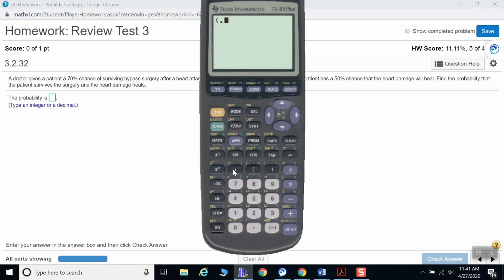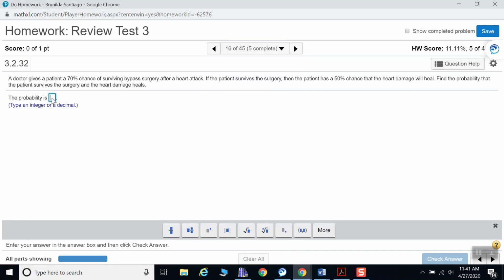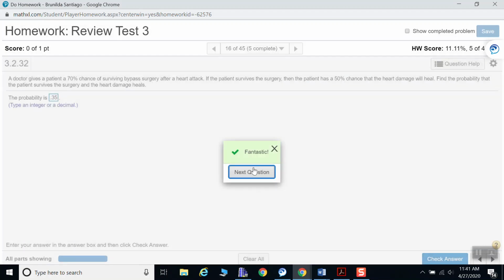So it will be 0.70 times 0.50. You don't need parentheses if you're not using fractions, so I don't want to confuse you. If I see decimals, I don't use the parentheses. It says type an integer or a decimal. So in this case, it's 0.35. It doesn't tell you the amount of decimal places on this one.